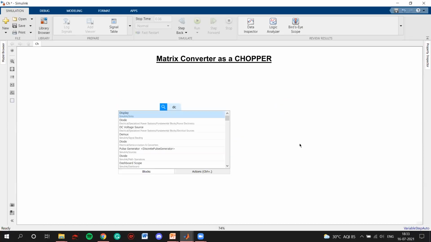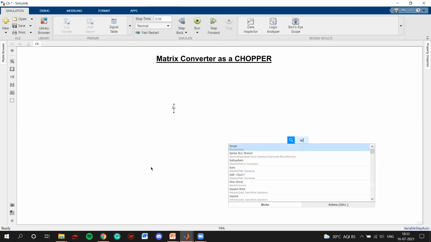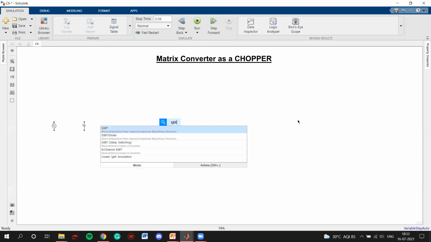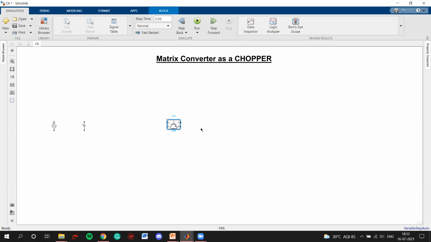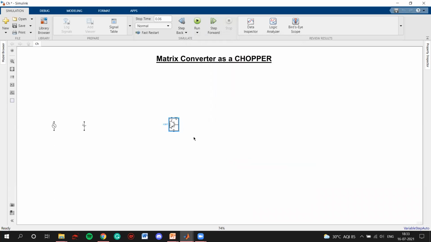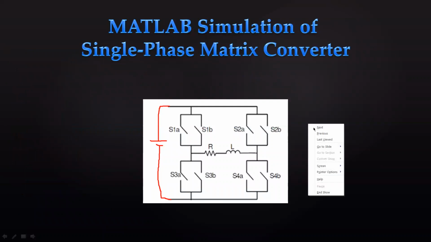So let's take one DC voltage source, then an AC voltage source. So the AC and DC voltage sources will be here. Then an IGBT. Just remove this measurement port, right? If you saw the circuit, the switches are not connected in parallel.